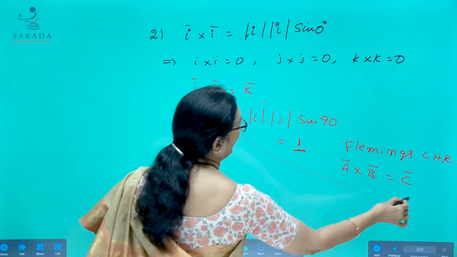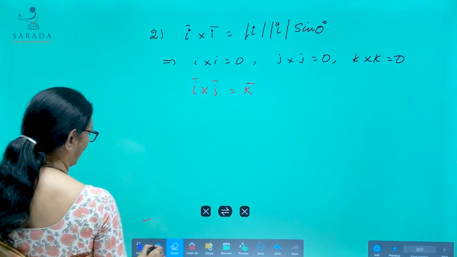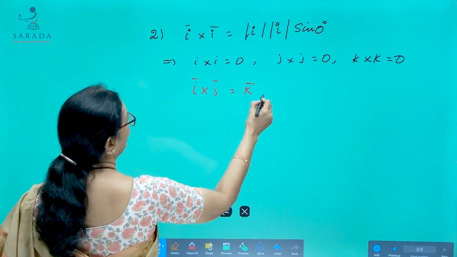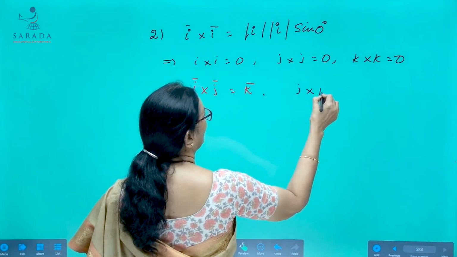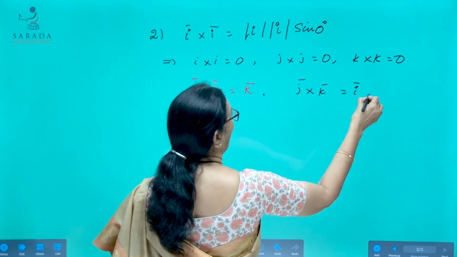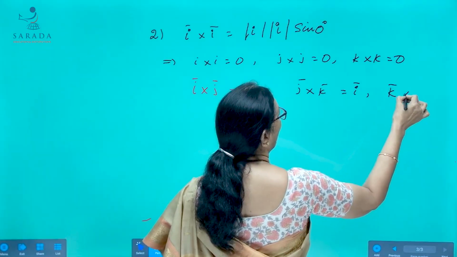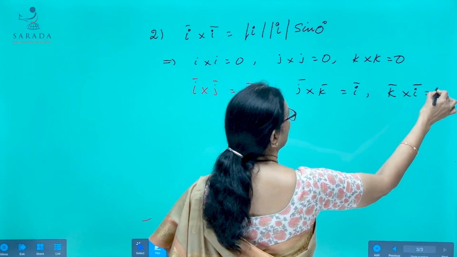So, I bar cross J bar is equal to K bar. Similarly, J bar cross K bar is equal to I bar. And K bar cross I bar is equal to J bar.